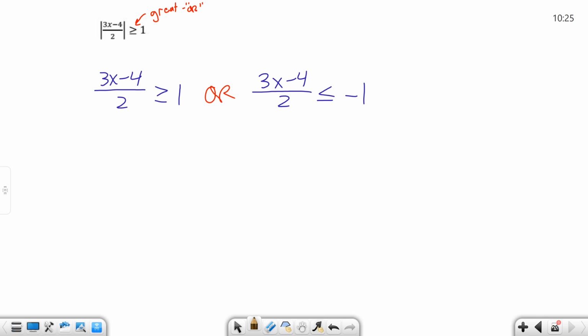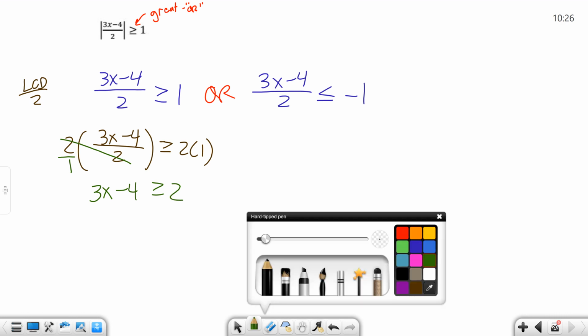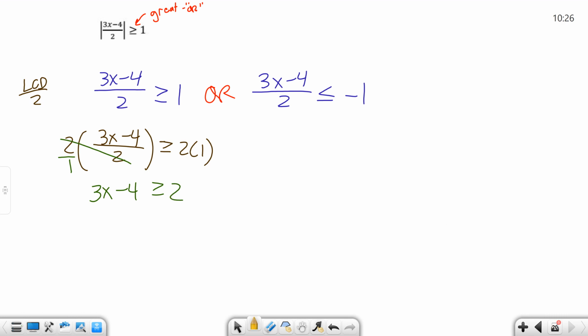So now I'm going to solve the equation on the left. What's my LCD? It's 2. I'm going to multiply 2 times all of it on this side and 2 times all of it on this side. And I'm going to remind myself that this 2 is really over 1. Divide those out. I get 3x minus 4 is greater than or equal to 2. And then how do I solve this? I'm going to add 4 to both sides.